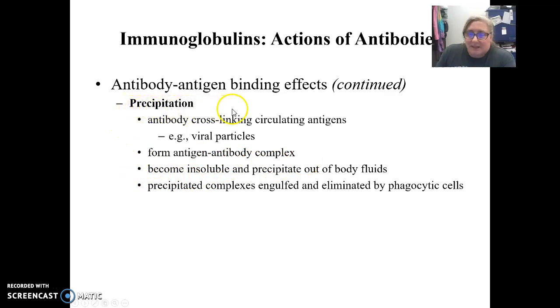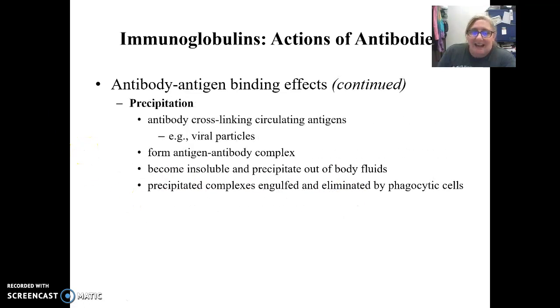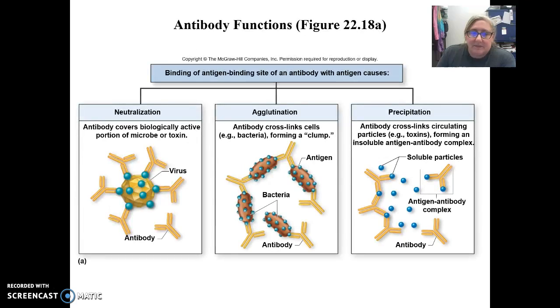That's known as precipitation. And both the agglutination and the precipitation can lead to phagocytosis, which is a good thing. So here are three basic processes that occur by antibodies.